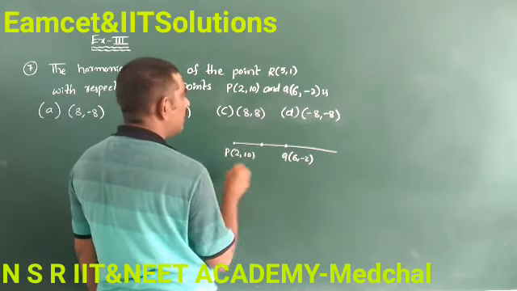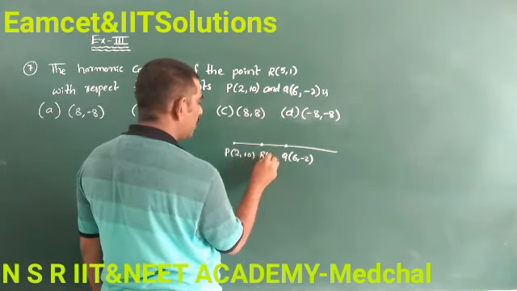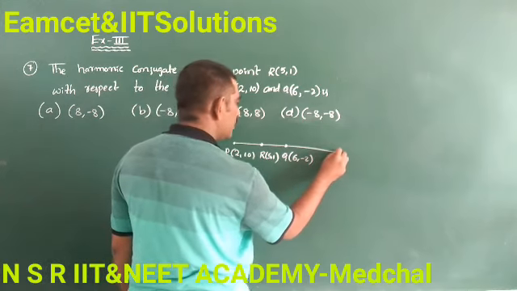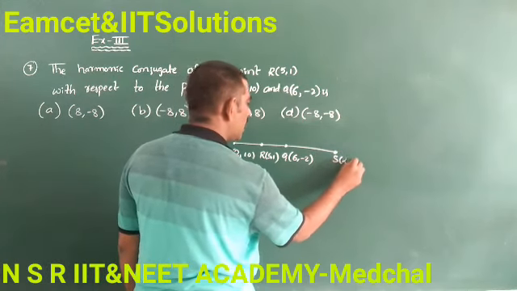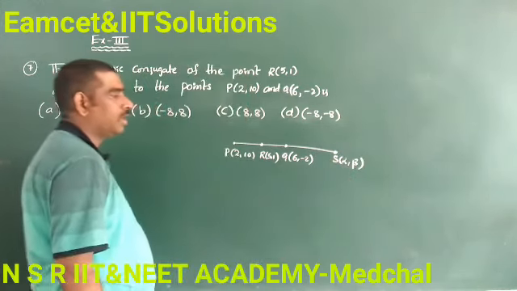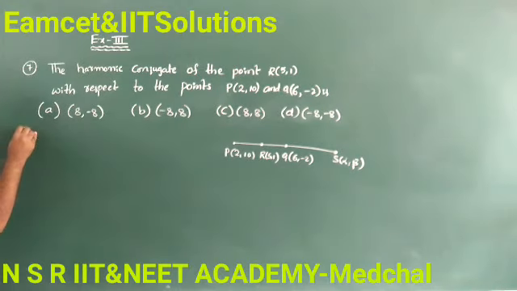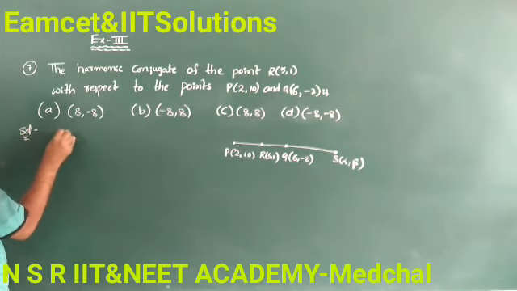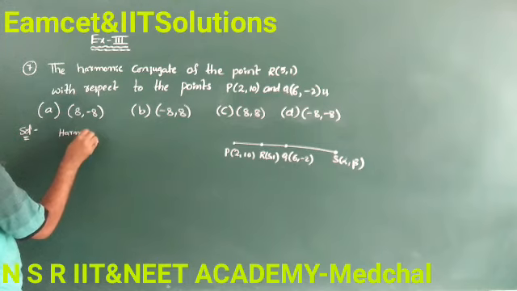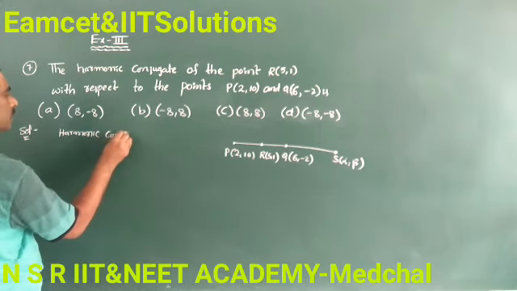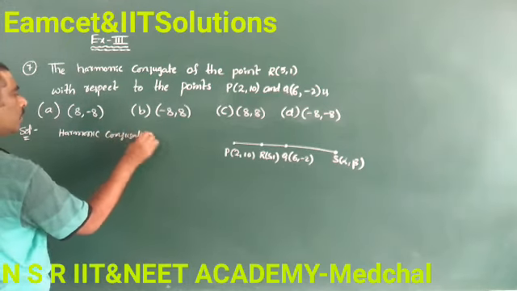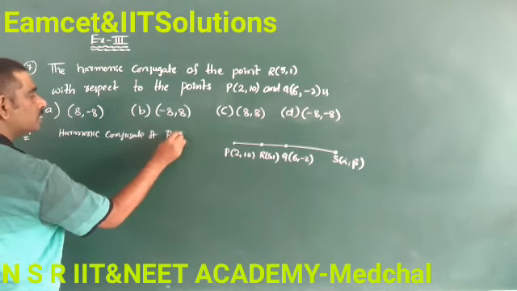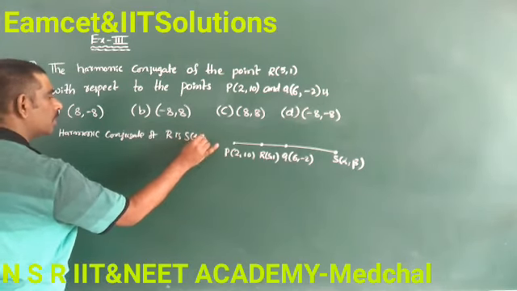In our question R is given as (5, 1). So let us consider the harmonic conjugate of R to be S(alpha, beta).